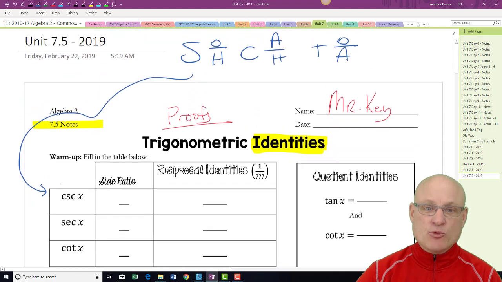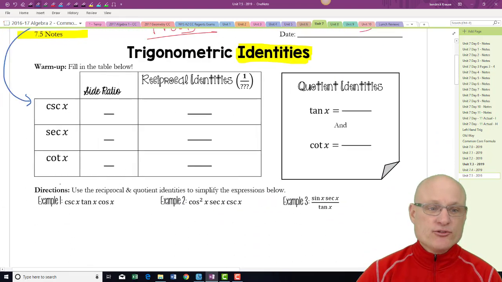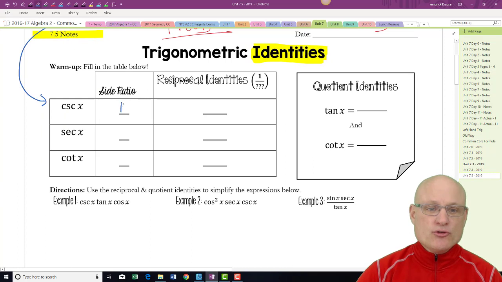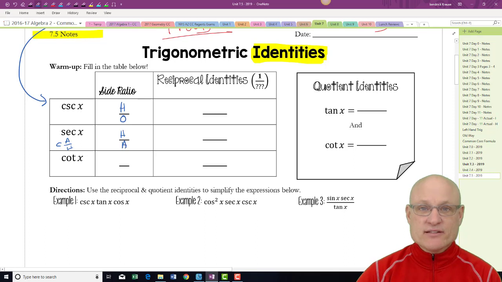So cosecant would be H over O. Since this goes with cosine, and we know cosine is adjacent over hypotenuse, this is hypotenuse over adjacent. And this one goes with tangent, and tangent is opposite over adjacent, so cotangent is adjacent over opposite.